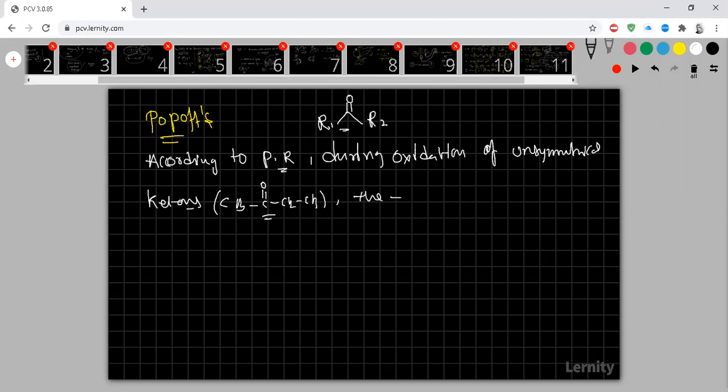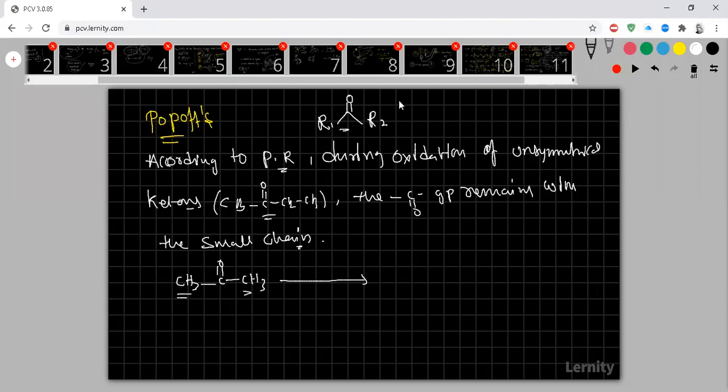Then the C=O group remains with the smaller chain. So for example, let's take this compound CH3COCH3. This is a symmetrical ketone.